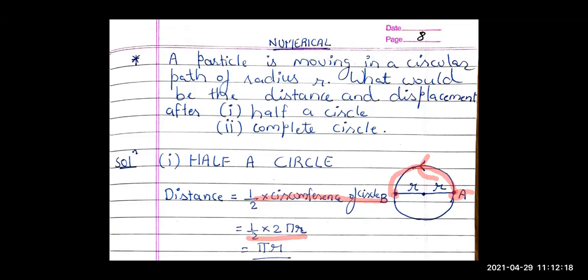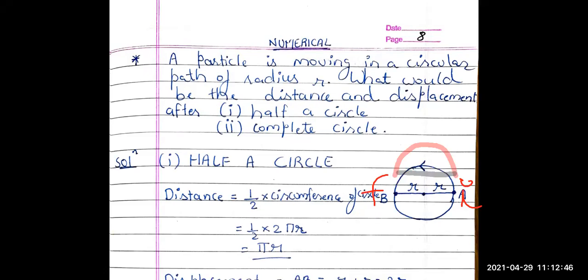Now let's see the displacement. So when the particle started from point A and stops at point B, the initial position is A, final position is B. So displacement is the shortest distance between initial and final position, right beta? So the shortest distance between the initial and final position is AB, that is along the diameter.